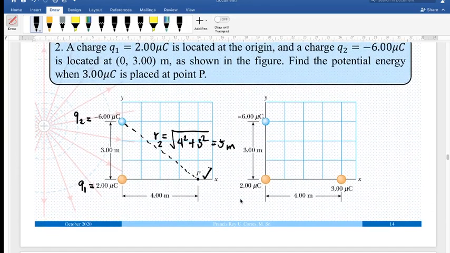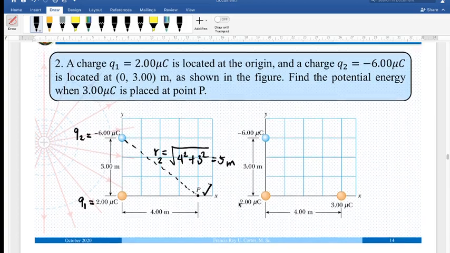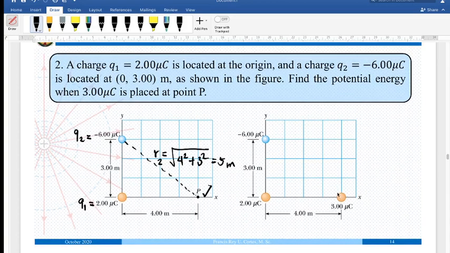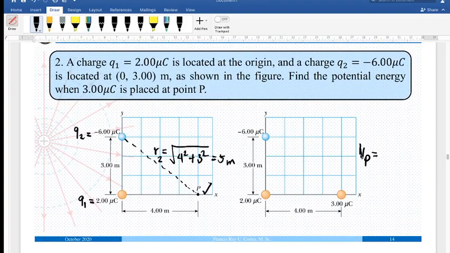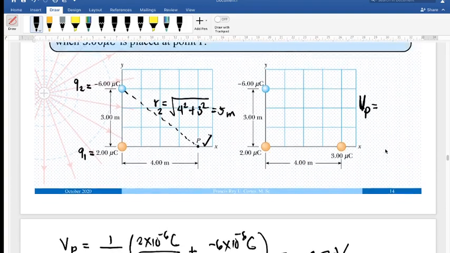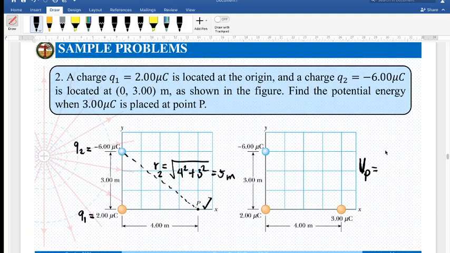And we have to calculate the potential energy if the 3 microcoulomb is placed at point P. So you already know the potential at point P where the 3 microcoulomb is located. You just have to multiply the potential at point P, negative 0.7, with the 3 times 10 to the negative 6 coulomb.